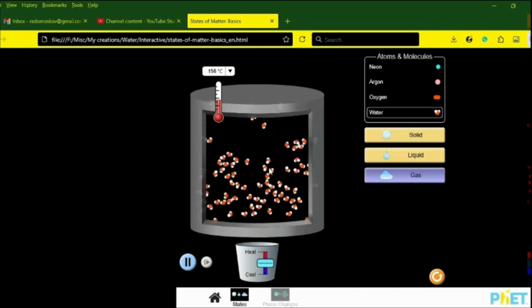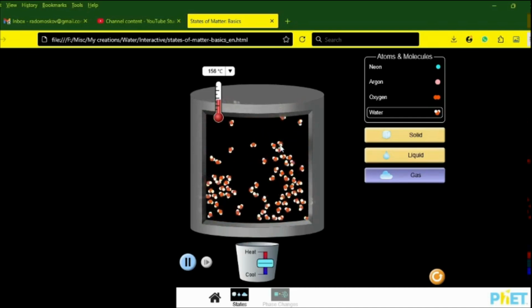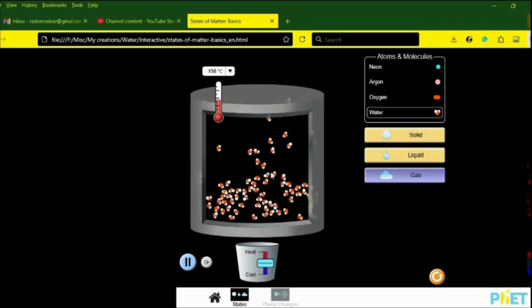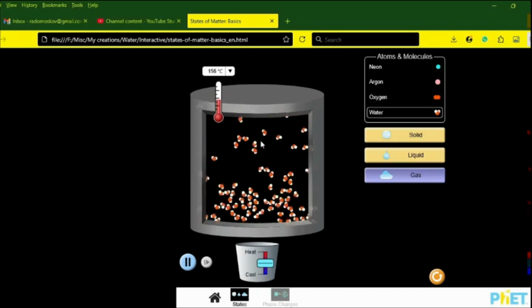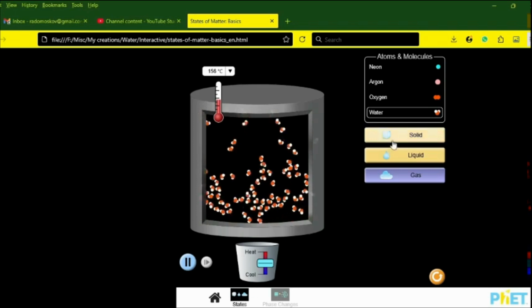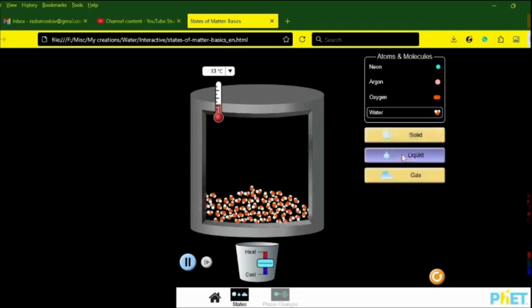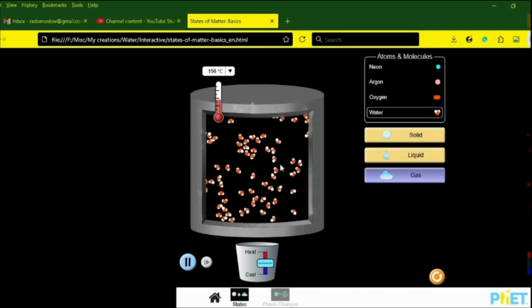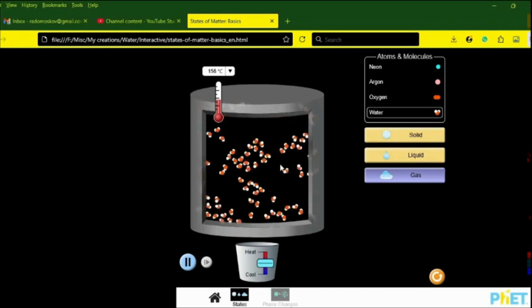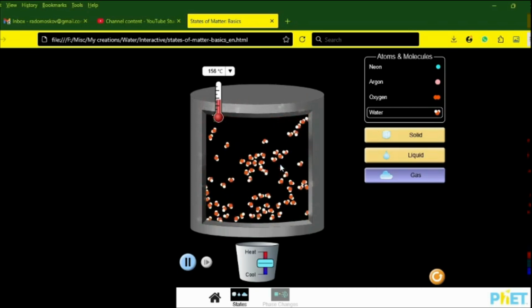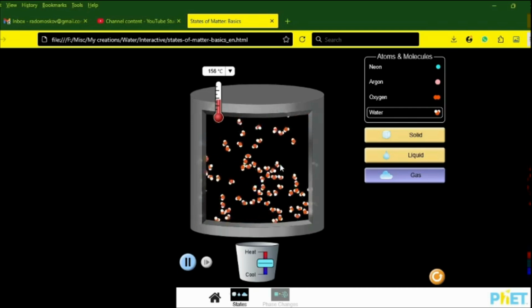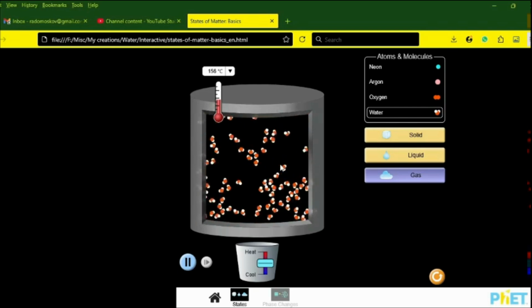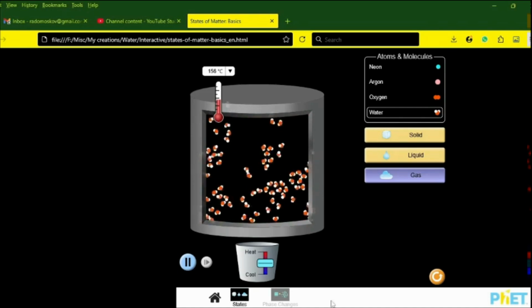Now you can see the molecules, there is no hydrogen bonding between them. There's no sturdy structure, there is no rolling over each other, just flying around. And these are the three phases of water, and this is why they exist, because of this hydrogen bonding.